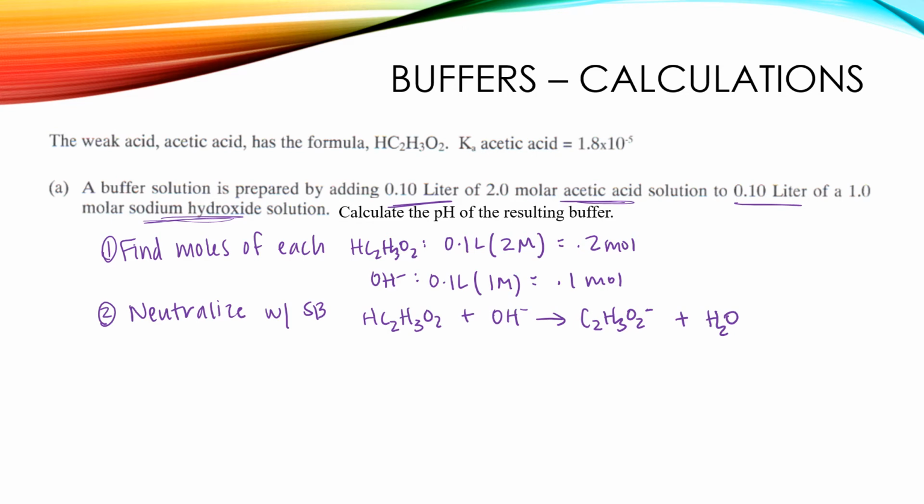Okay, so I'm now going to do the reaction. So I have 0.2 moles of this, and I have 0.1 moles of this. Clearly, I'm going to run out of the hydroxide. I don't worry about water. So now I'm left with 0.1 moles, 0, and 0.1 moles.